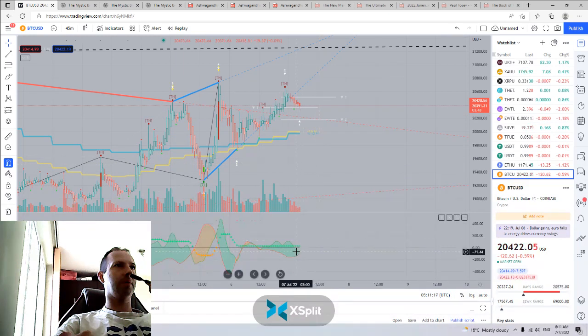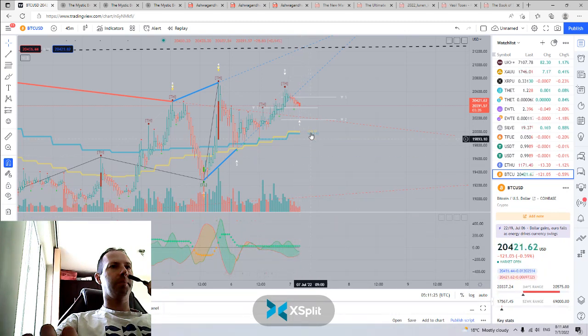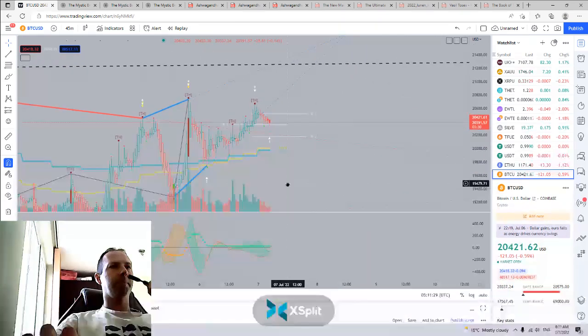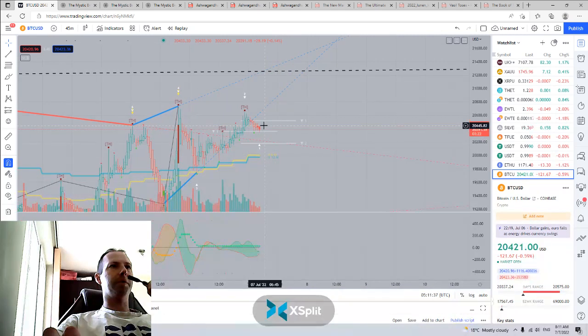Well, this is neutral, even a little bit bullish. We have some support here that we have to break. Maybe we go to this support. Now it's 20.4.